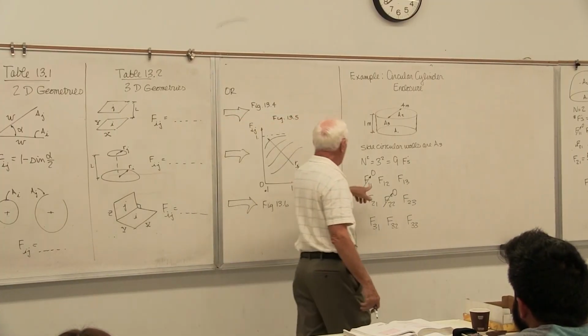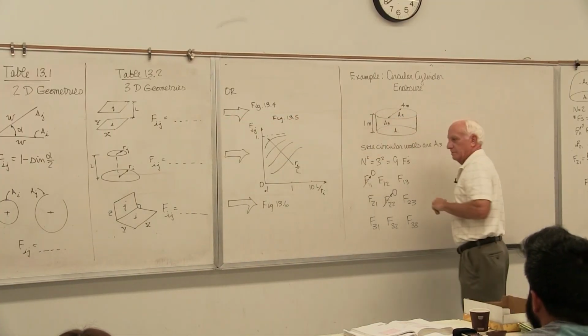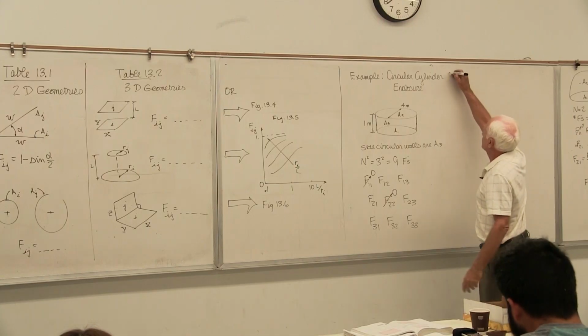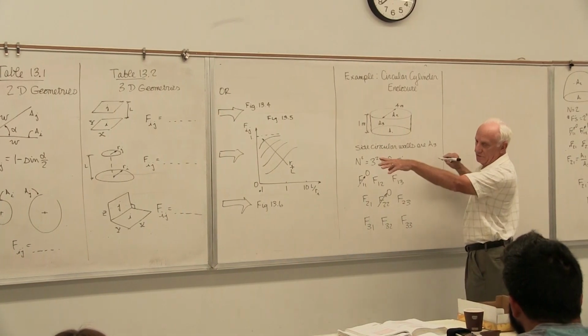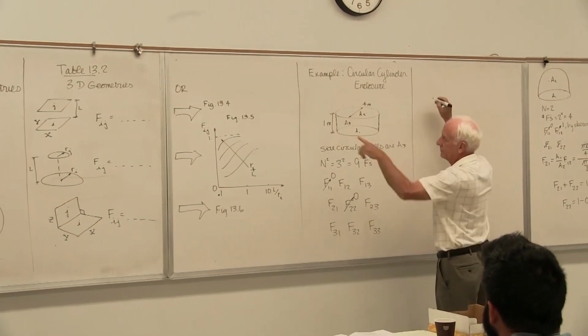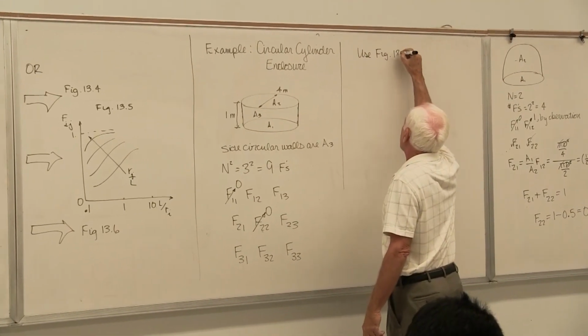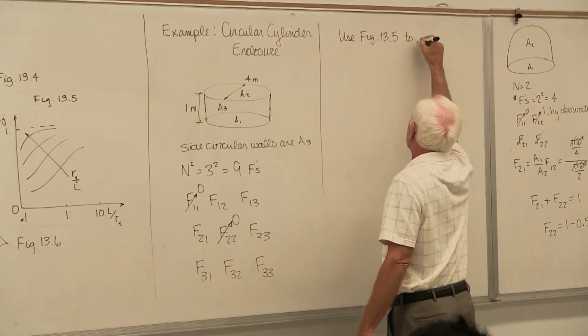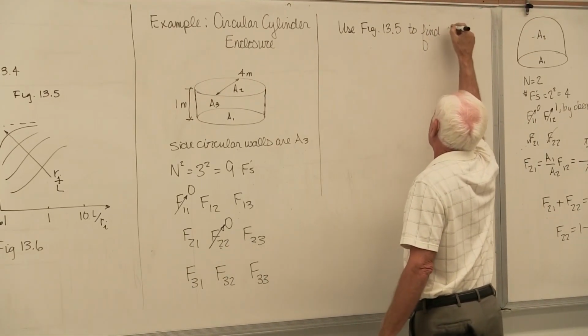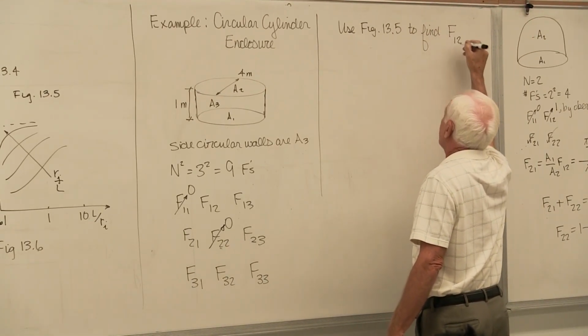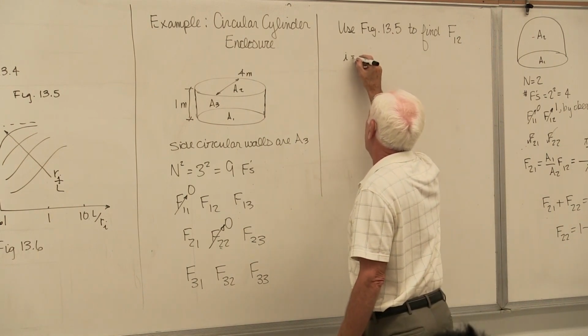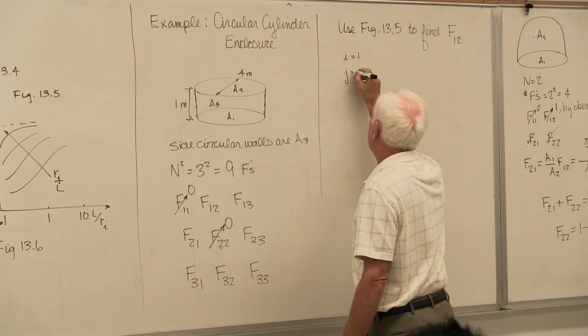Okay, so I'm going to find F1 to 2, bottom to top. I'm not going to do the long equation, I'm going to use figure 13.5. First thing you do is you say, okay, that means I equal 1, J equal 2.